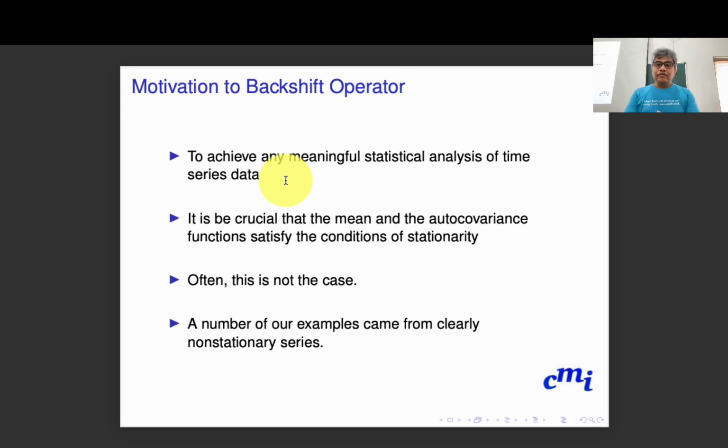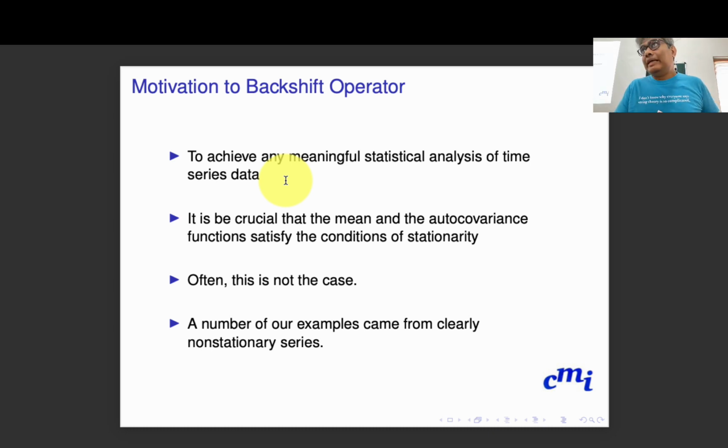To achieve meaningful statistical analysis of time series data, it is crucial that the mean function and the autocovariance function satisfy the conditions of stationarity. Okay, often this is not the case, as we have seen so far.